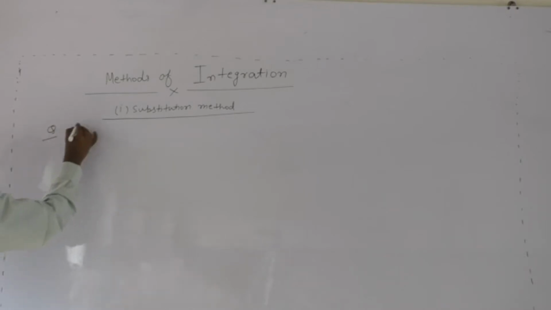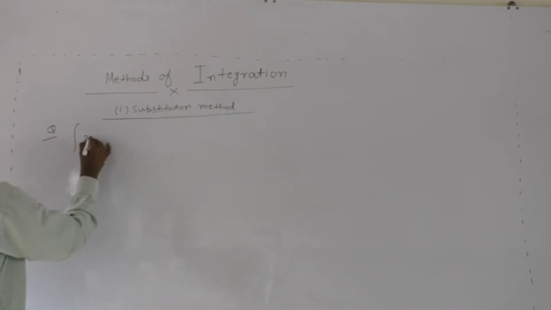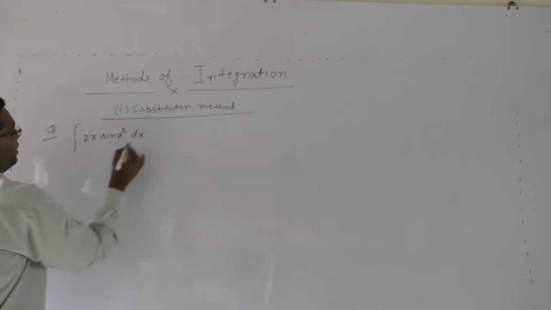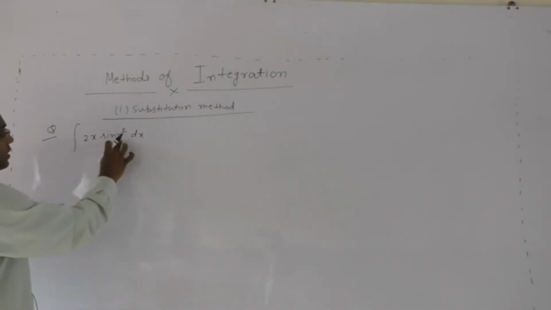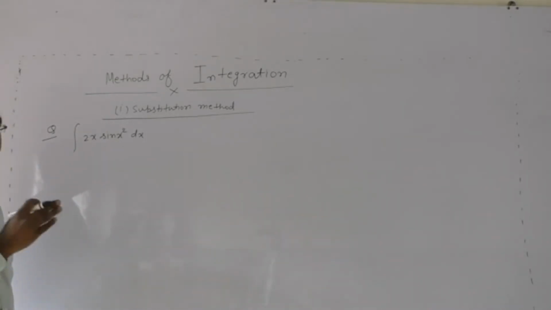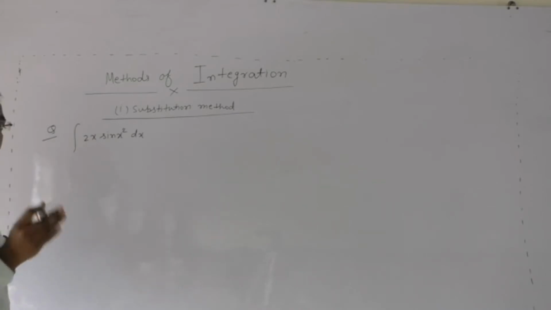In the substitution method, we will substitute some variable. I want to explain it with the help of one example. Suppose we have to integrate 2x sin x squared dx. Then in the substitution method, we assume some function of x in such a way that it reduces the complexity of the integration and brings it into the standard form.